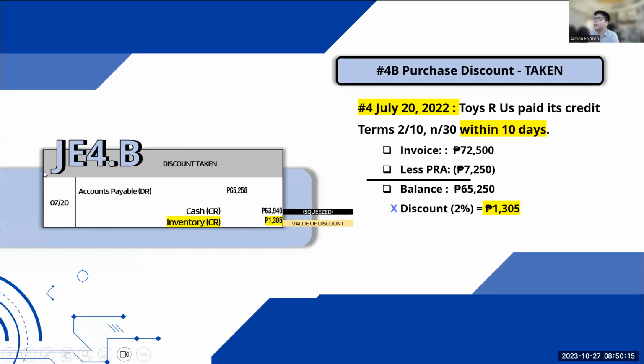In the other scenario, same pa rin. You will still zero out your accounts payable at 65,250. But please be careful on where you apply your 2% discount. It's not on the 72,500 invoice. It's the remaining balance dapat. So, kung ano yung nanditong figure, 65,250, yun yung mumultiplyan nyo ng 2%.